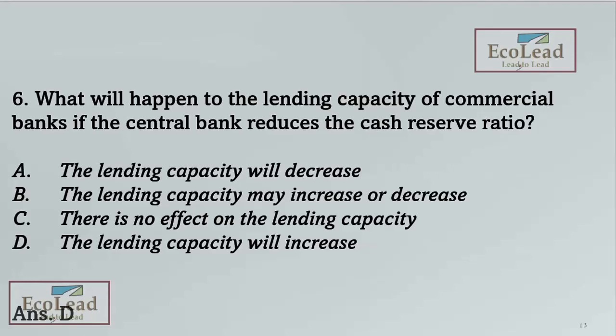The right option is option D. As we know, if commercial banks need to keep less money of their deposits with the RBI, then definitely they will have more money to lend out to the public. So option D will be the correct option. Let us move to the next question.